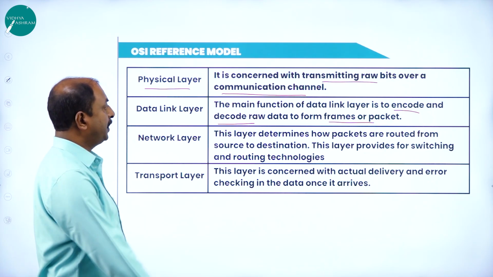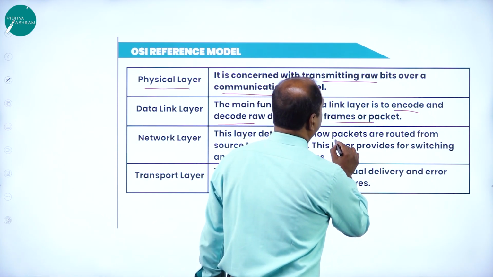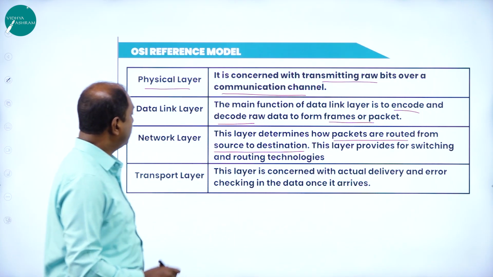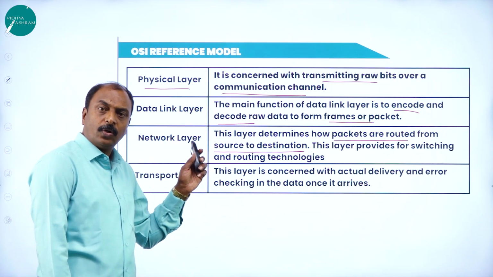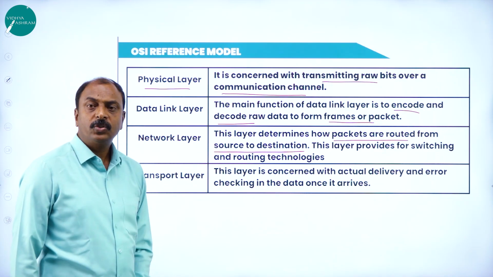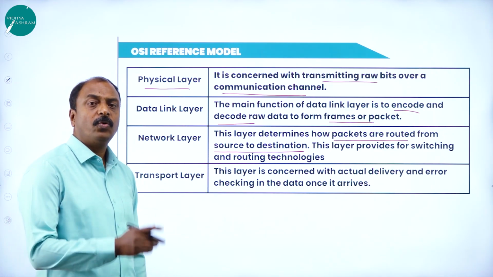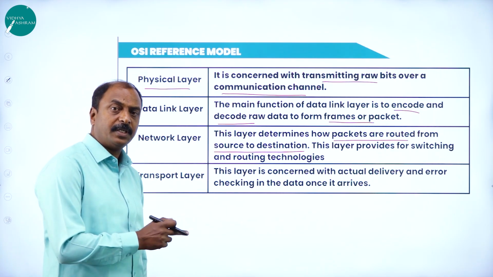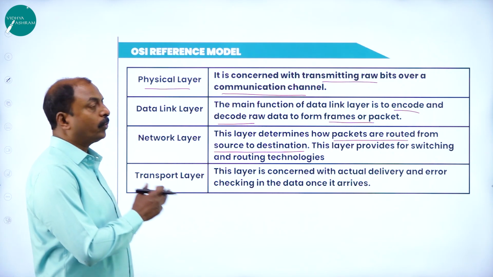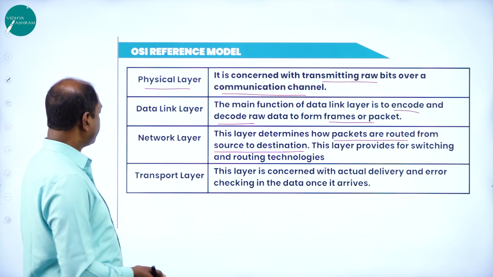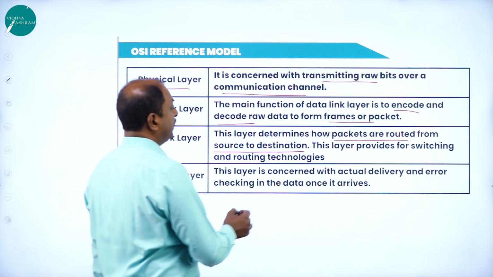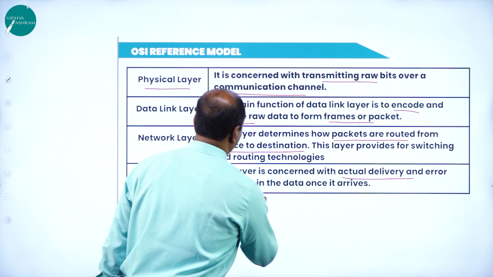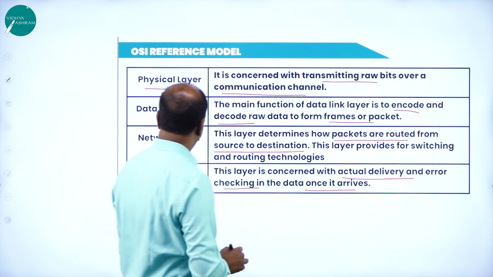Network layer determines how the packets are routed from source to destination. The meaning is that this particular layer looks for the best path between the host and destination to send the messages from sender to receiver or from host A to host B. Transport layer is concerned with actual delivery and error checking in the data once it has arrived.